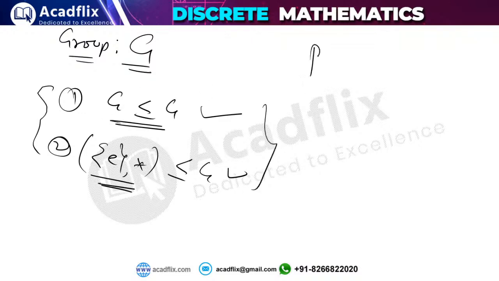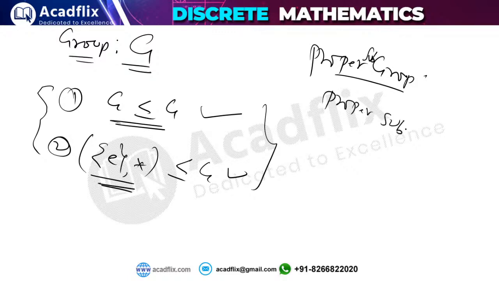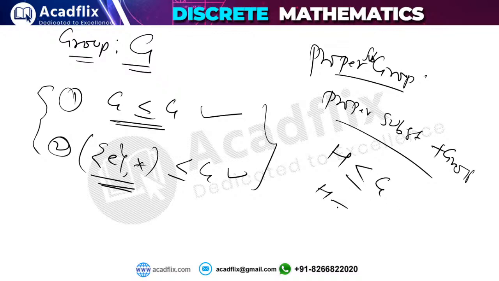Now what is a proper subgroup? Proper subgroup means proper subset plus group. This is the definition of a proper subgroup. Basically, a proper subgroup is a subgroup H of G such that H is not equal to G. This is called a proper subgroup.